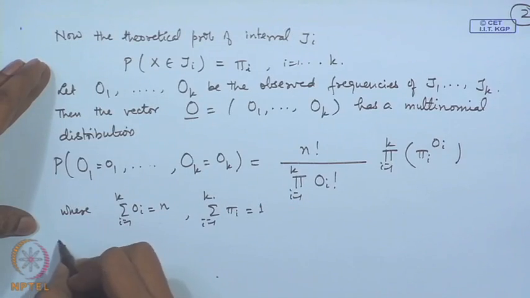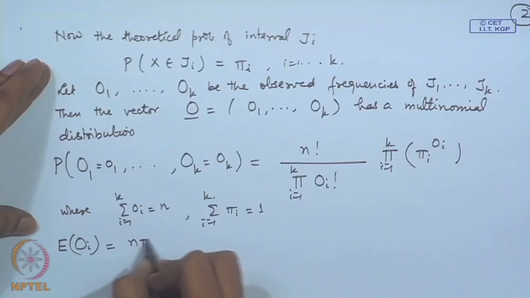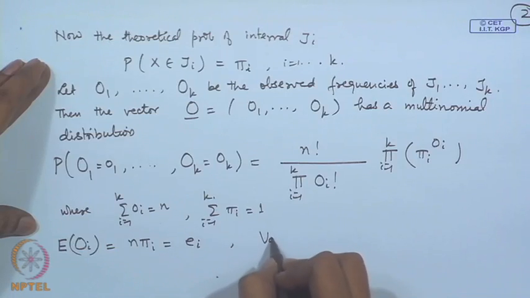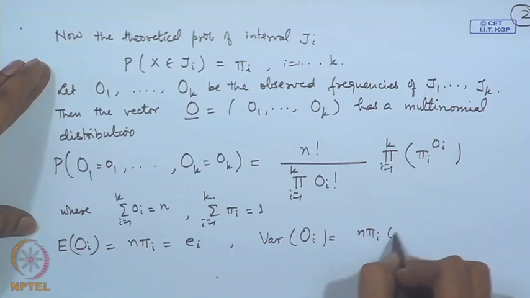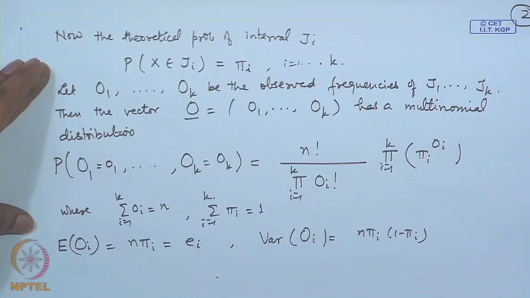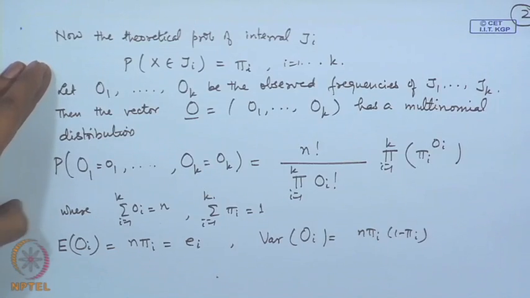Now, expectation of Oi will be equal to n pi, let us call it Ei, and variance of Oi will be equal to n pi into 1 minus pi. In the multinomial distribution, these are the statements that are satisfied.